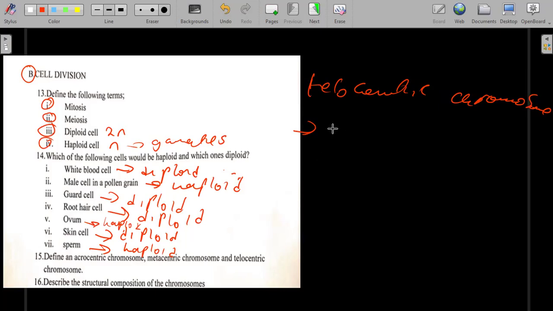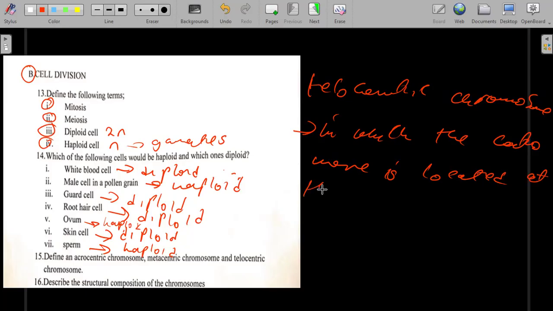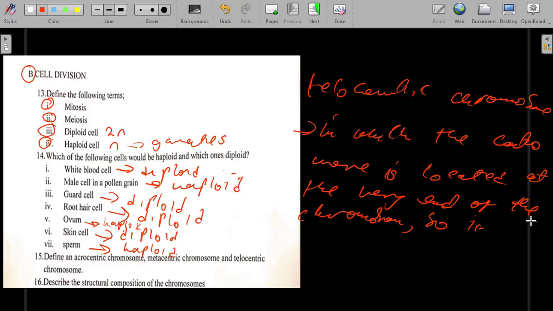So we are saying a telocentric chromosome is a chromosome in which the centromere is located at the very end of the chromosome, so it appears to have only one arm.